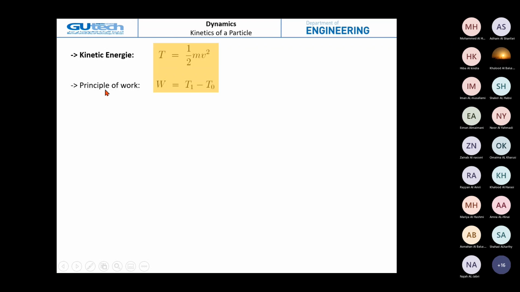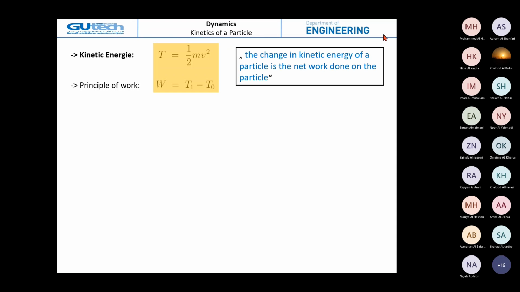Then we can say the principle of the work is the difference of the actual kinetic energy minus the initial kinetic energy. Now we can say that the change in kinetic energy of a particle is the net work done on the particle.